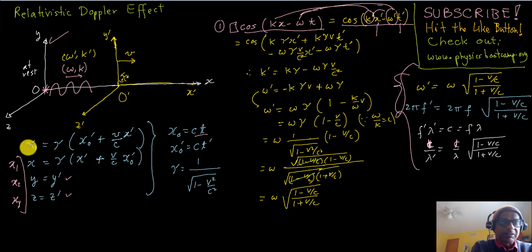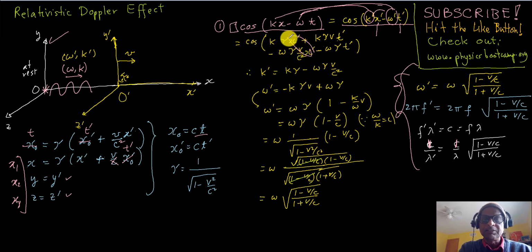So this one is t, and if you use the t, then this will come squared here, and if you do this t prime, then the c will cancel out. So just use that, and the x prime terms are combined together, and the coefficient of that equals k prime, and that gives me this. The t prime terms we collect together, and their coefficient equates to omega prime, and you get that.